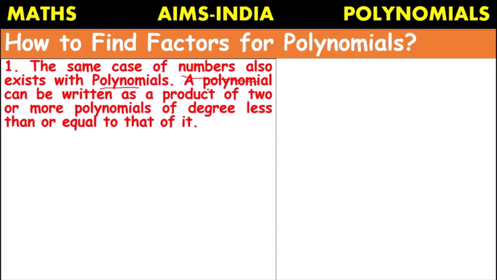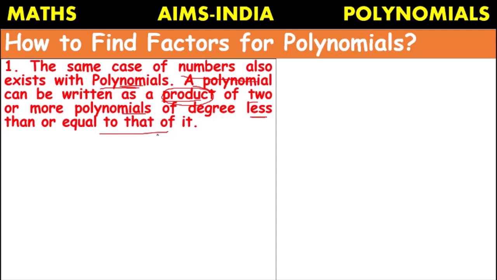A polynomial can also be written as a product of two or more polynomials of degree less than or equal to that of it. Not only a number, a polynomial too can be written as a product of two polynomials, and their degree should be less than or equal to the given polynomial's.